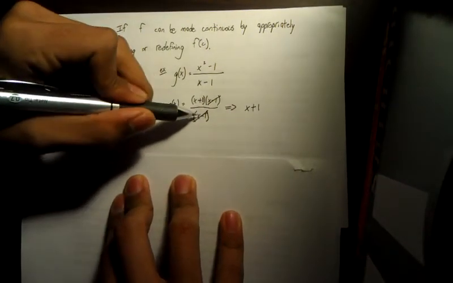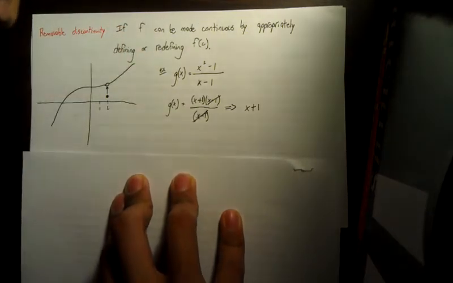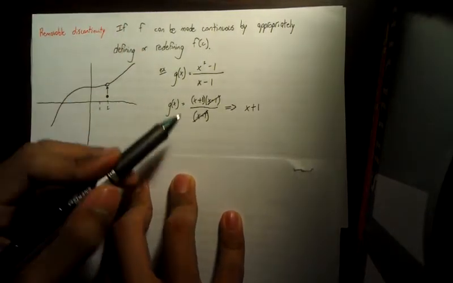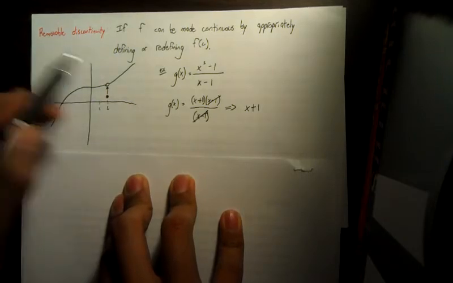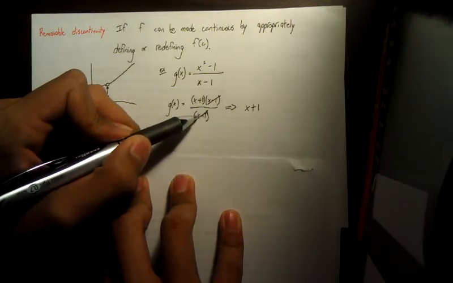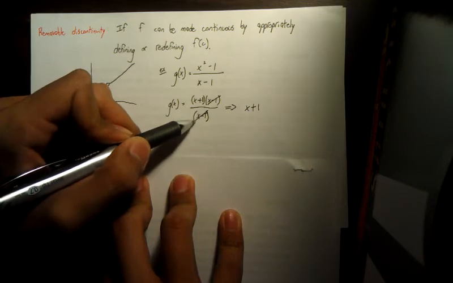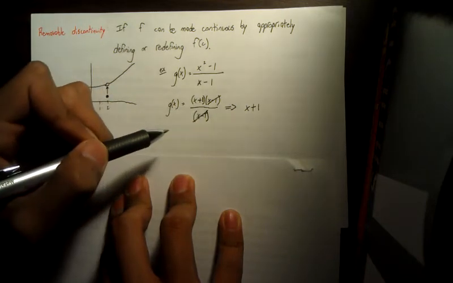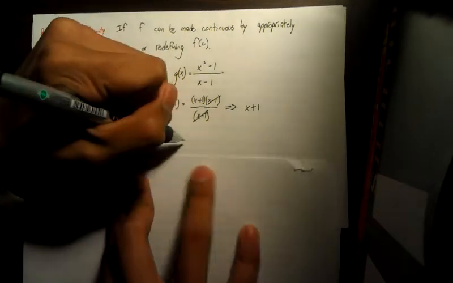Now the fact that you cross these out means that there's going to be a hole present in the graph, and a hole is indicative of a removable discontinuity. And because you noticed that you removed a factor from both the denominator and the numerator, then that also indicates that it's a removable discontinuity.